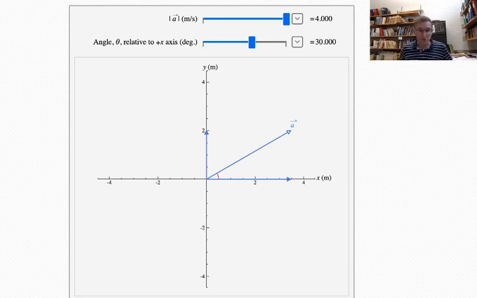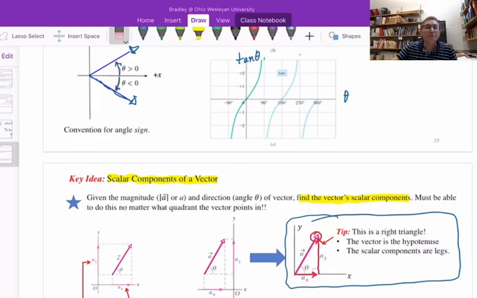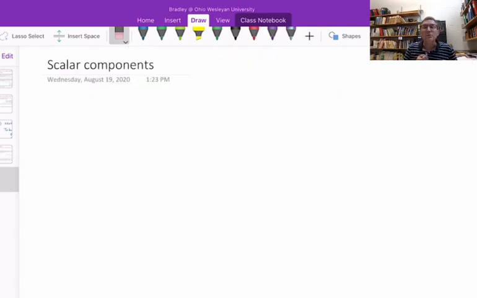I want us to go through calculating the scalar components of that vector, given the information magnitude and direction. All right, to do that, I go back to my tablet, get a new screen, and start drawing some pictures for you. Let me draw the x-axis, the y-axis.